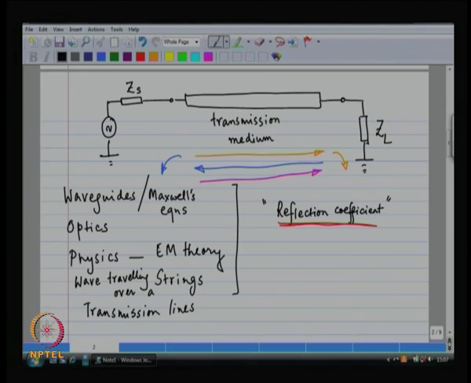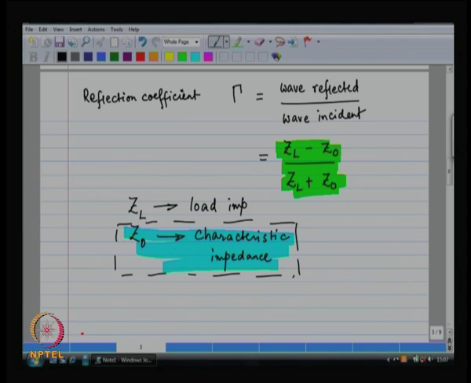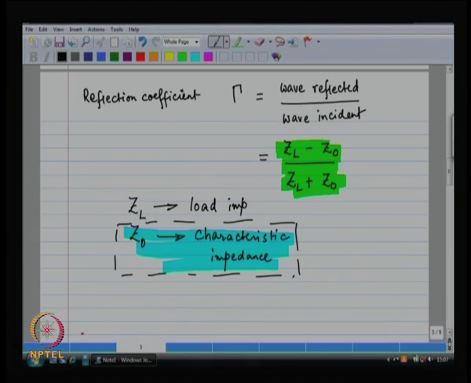Now, this reflection coefficient may or may not be a real number, it could be a complex number. So, beware over there. So, the typical formulation for reflection coefficient is ZL minus Z0 by ZL plus Z0. ZL is the load impedance, Z0 is the characteristic impedance. As you see, all of these are impedances and the result may or may not be a real number.